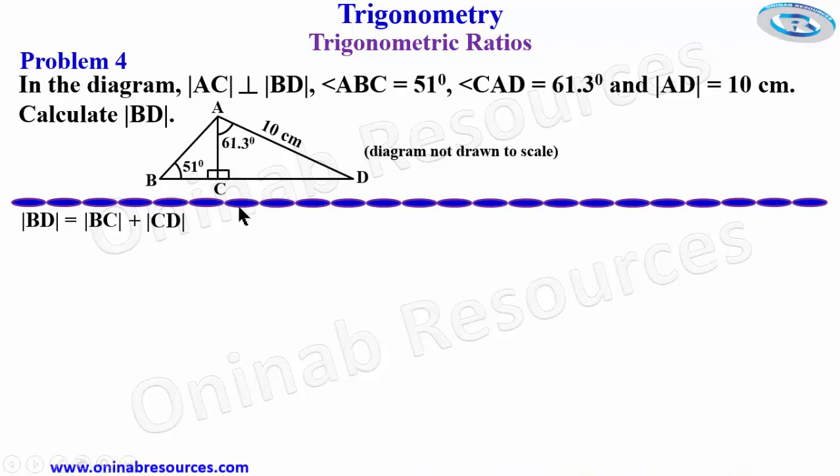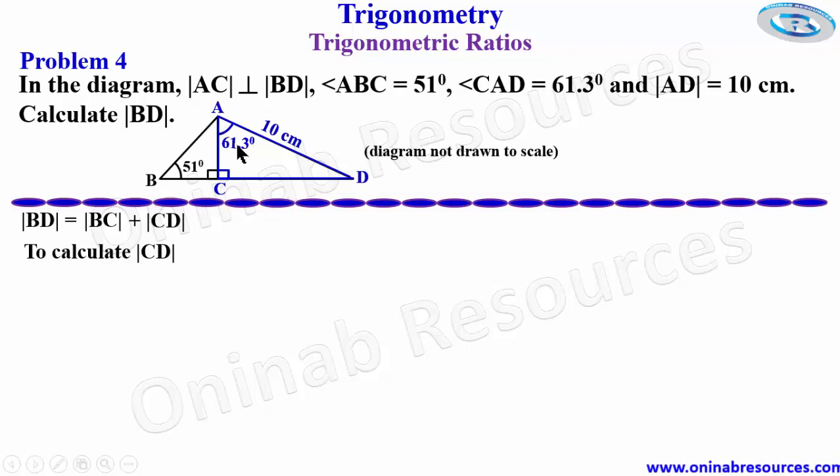To do that, it is easier to calculate CD, because if you look at angle ABC, there's no side that is given. So it's better we calculate this one first. Then later we calculate AC before BC. To calculate CD, we consider triangle ACD, and from there, CD is the opposite, and this is the hypotenuse.